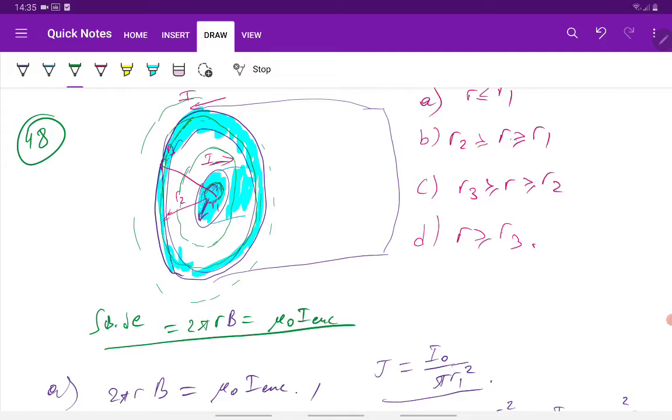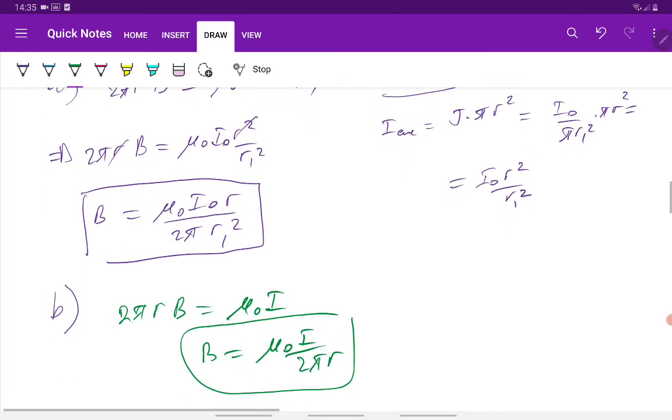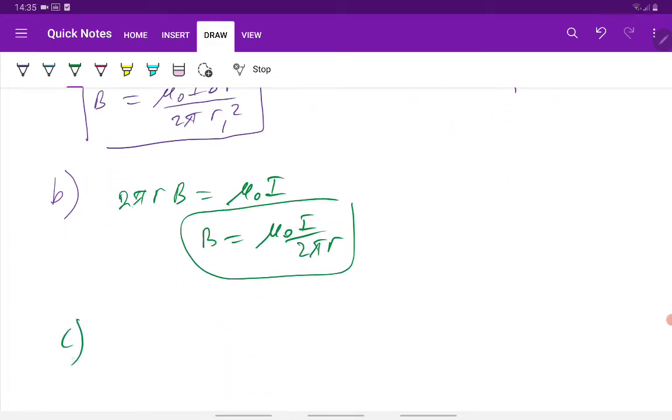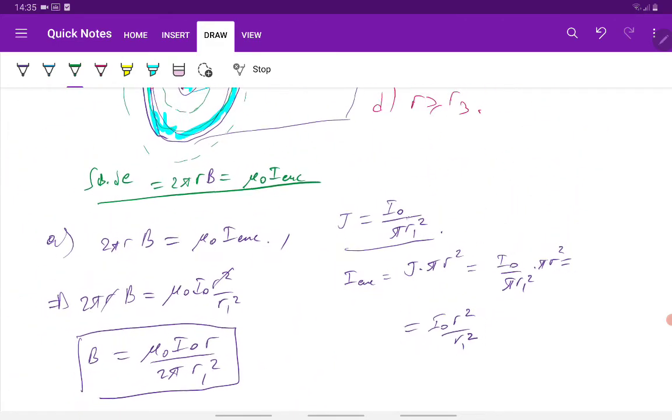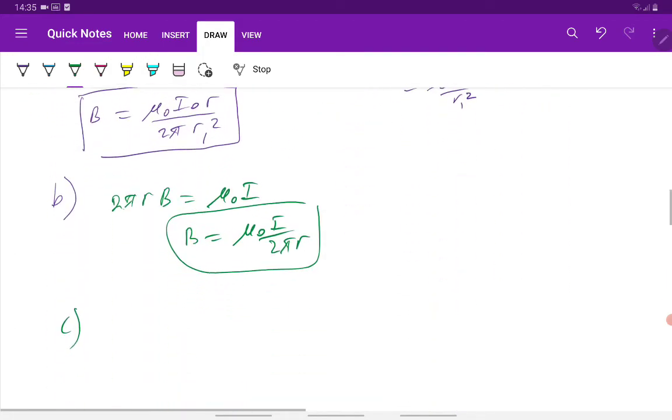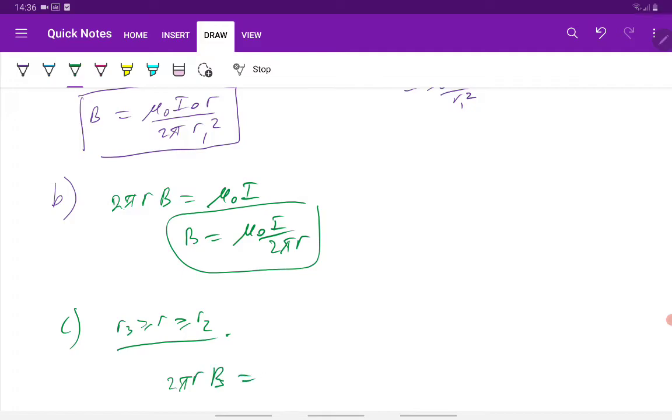So we have to find the difference between these enclosed currents. So in part C, R3 bigger than R bigger than R2, 2πR B equals μ0 I enclosed.